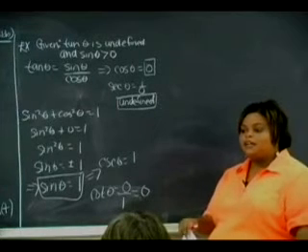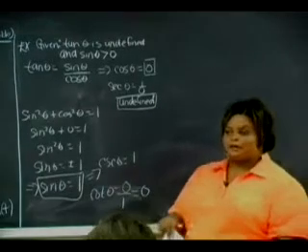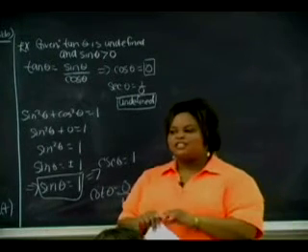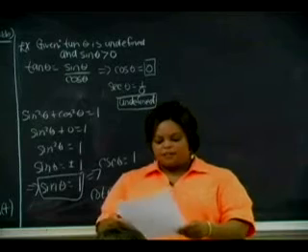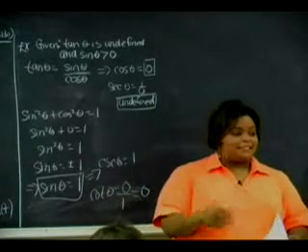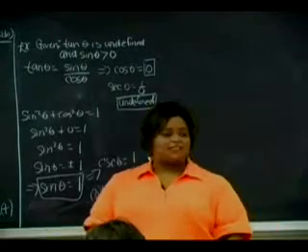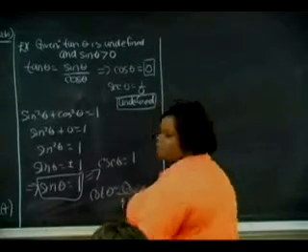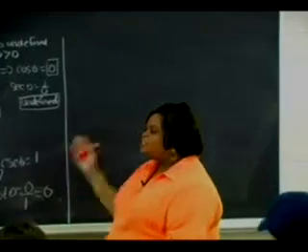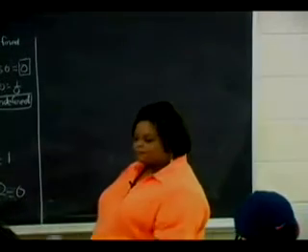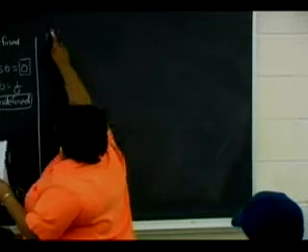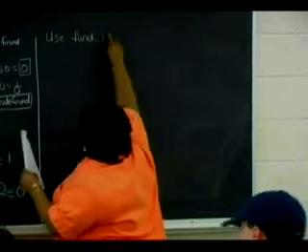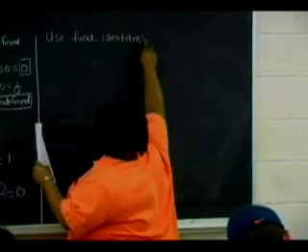In some texts they'll say to use fundamental identities to simplify, and there is more than one correct answer, because it depends on how you look at a problem. But no, you can't use a triangle for all these problems. So let's use some of these fundamental identities to simplify.